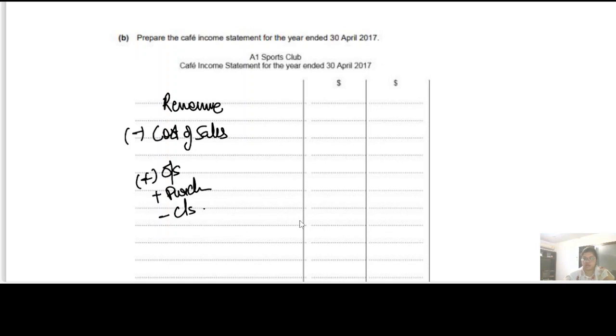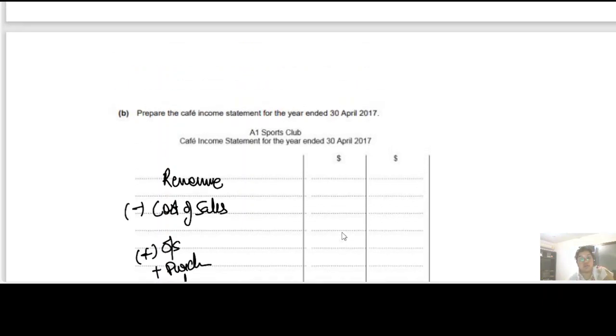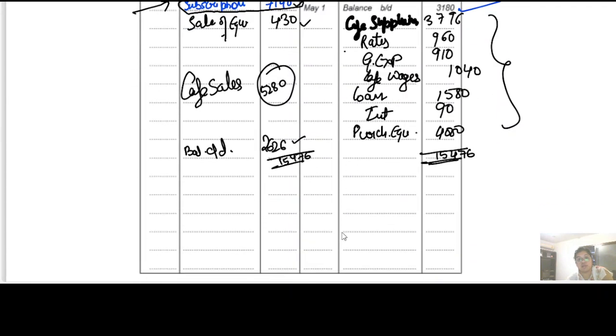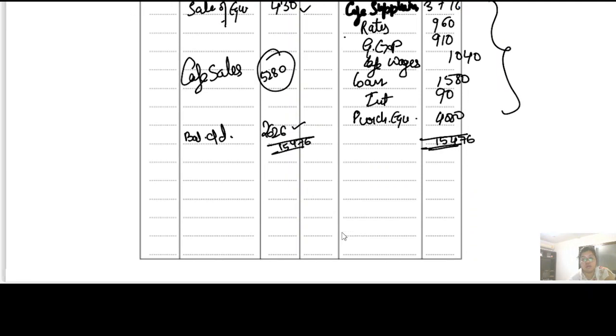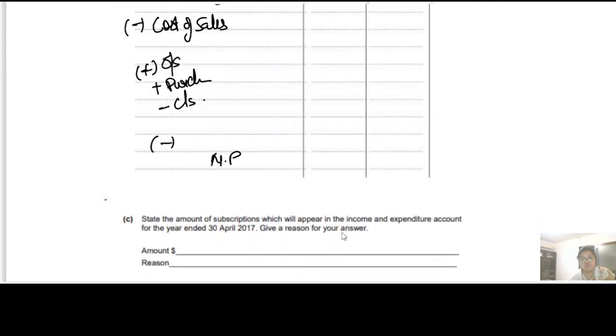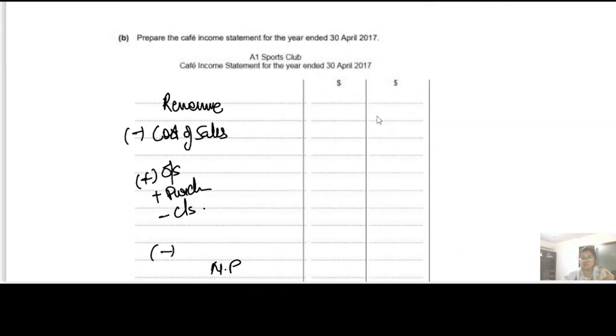Whatever you are having, that's your profit, and if you have further expenses, then deduct those expenses, and then you get your net profit. So what is your revenue? You already calculated. How much was the cafe sales? Cafe sales is 5280, so we are going to use it here. 5280, right?